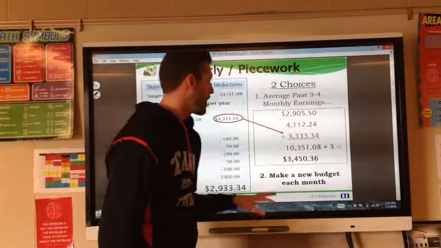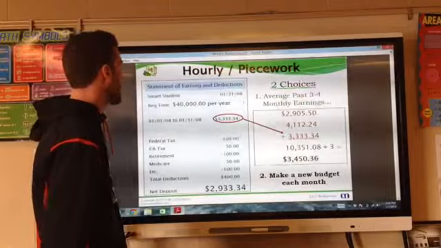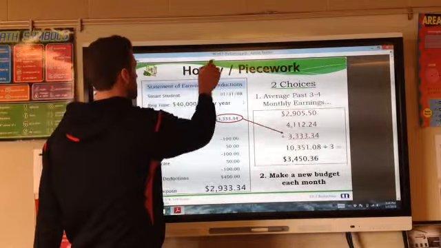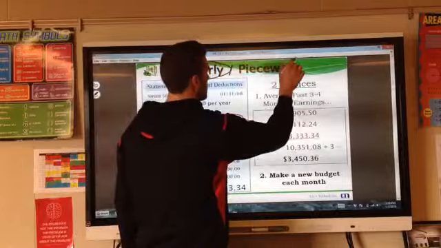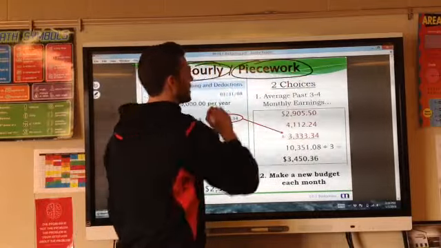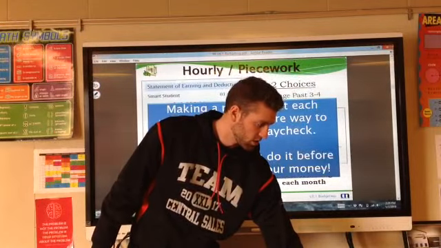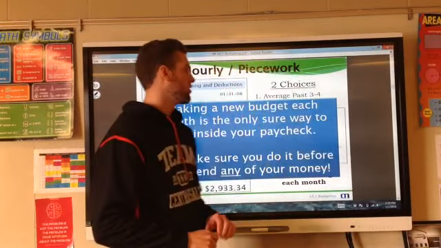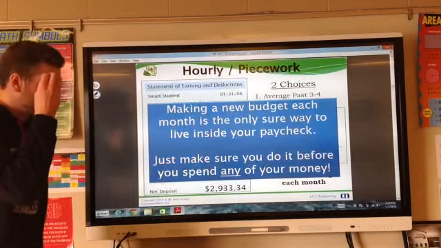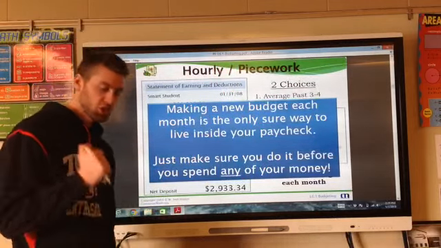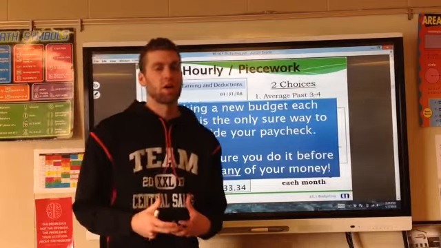Okay, we're going to skip over hourly and piecework. We know that we calculate those just based on either how many hours you work or how much work you get done in that period of time. Okay? We're going to skip over these. This is important here, though. Making a new budget each month is the only way to be sure that you're going to live inside that paycheck.